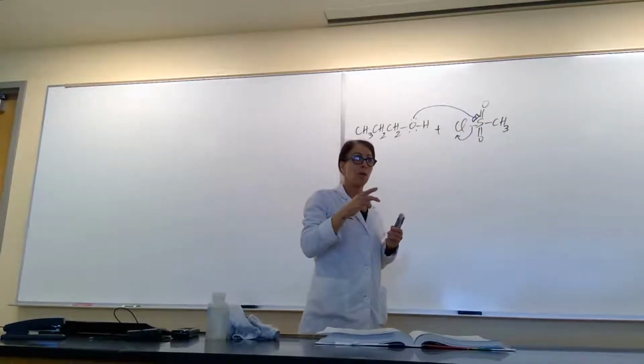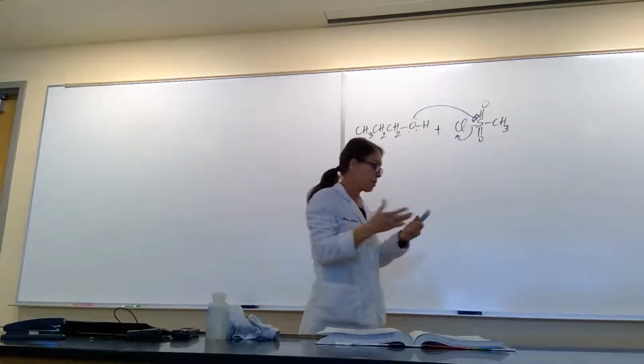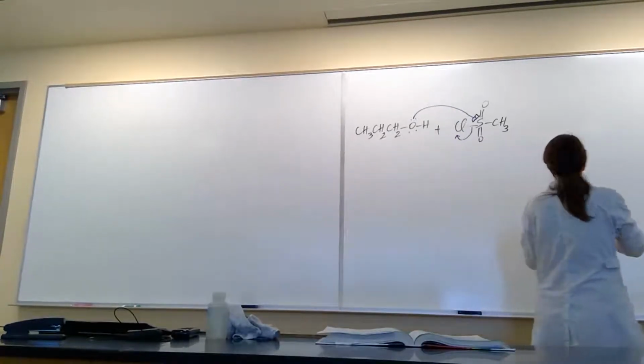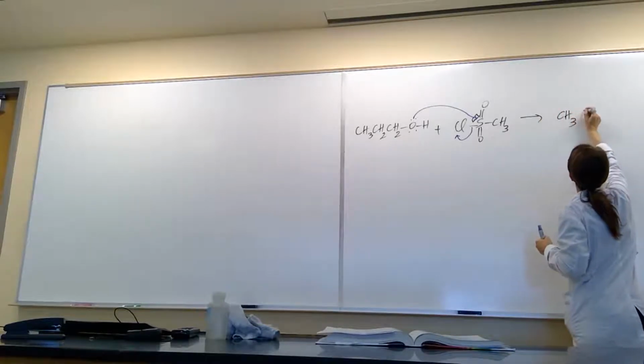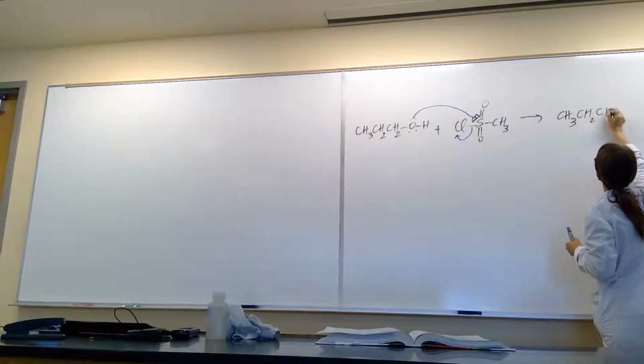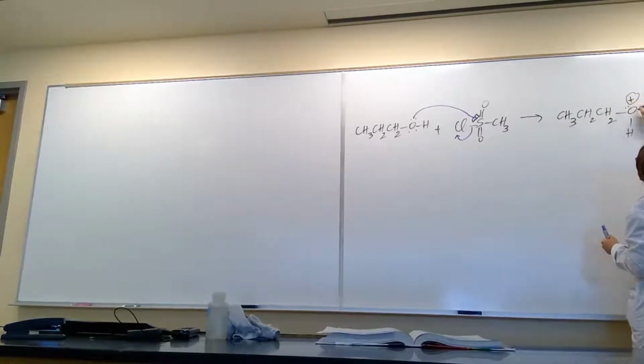You have to have the Lewis acid attached to the OH, and then chloride goes. So we have CH3CH2CH2OH plus, and then SO2CH3. And then we have Cl minus.